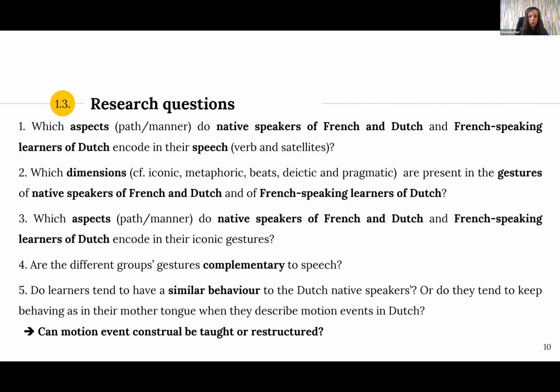Then I tried to see whether the aspects in gestures were complementary to the ones communicated in speech, and to determine whether learners were behaving similarly to Dutch native speakers or whether they were still behaving as in French. And to conclude, I will observe my data and try to determine whether motion event construal can be taught or restructured.